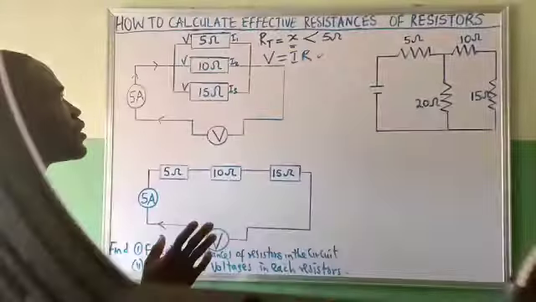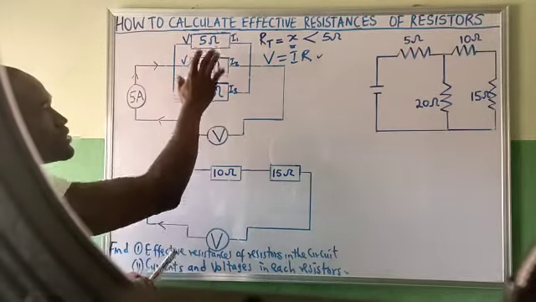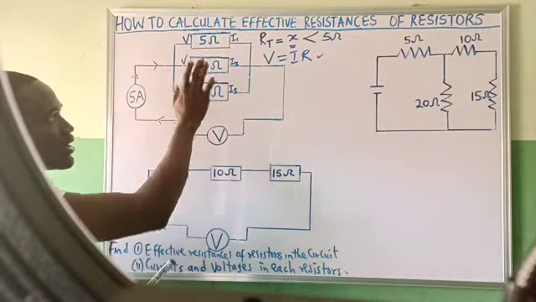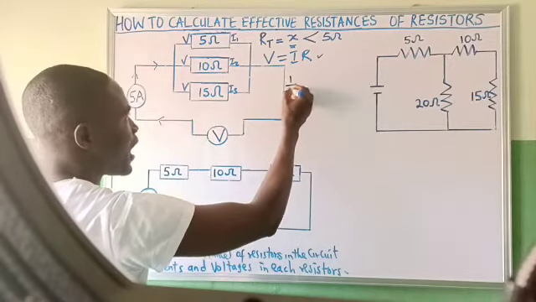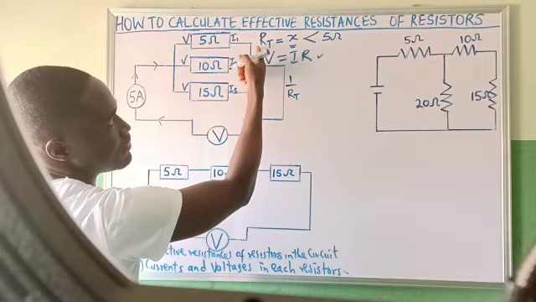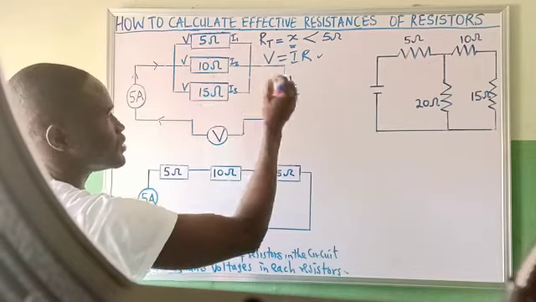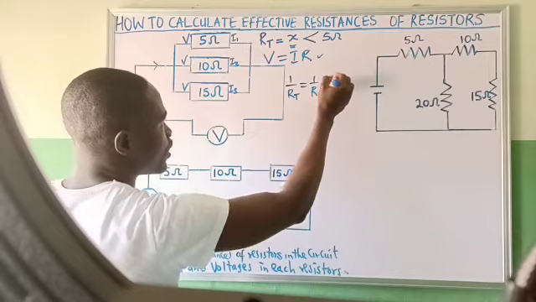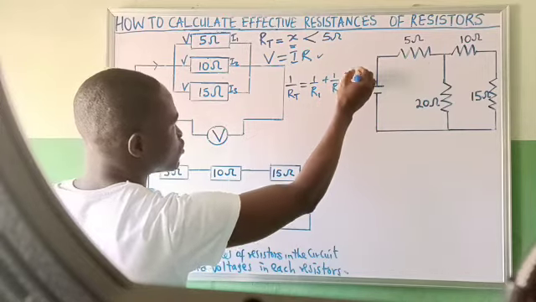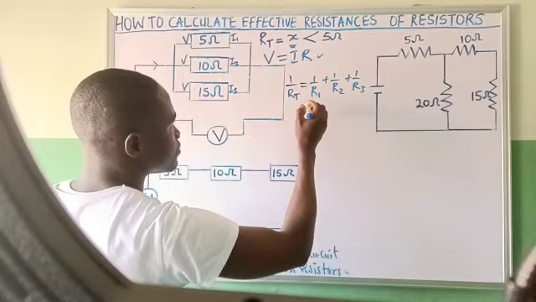Now, let's see how to calculate the effective resistance of these resistors arranged in parallel. Look at the formula: 1 over RT, where RT is the effective resistance, equals 1 over R1 plus 1 over R2 plus 1 over R3.